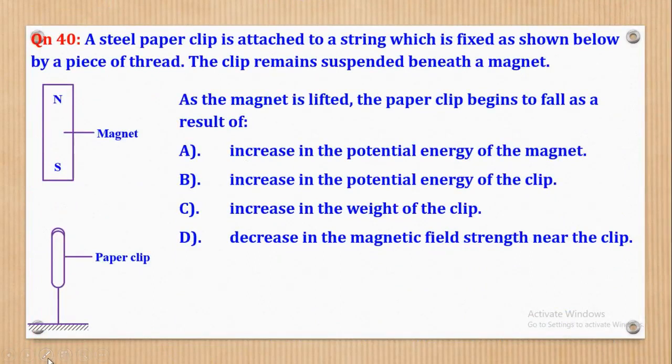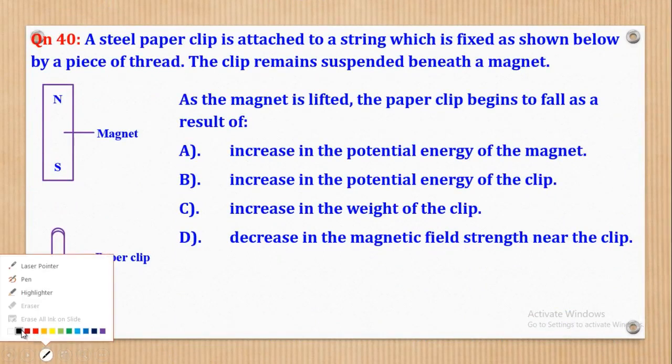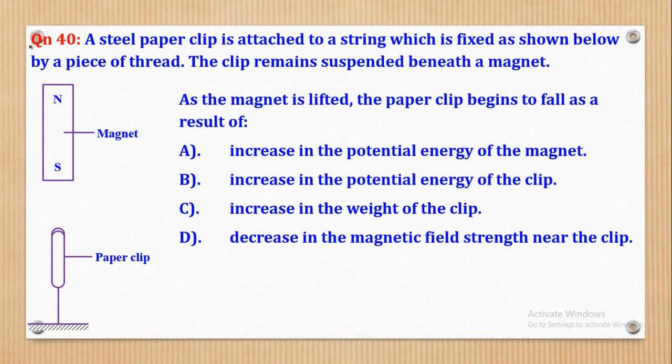So that was question 39. Now we shall go to question 40. A steel paper clip is attached to a string which is fixed as shown below by a piece of thread. The clip remains suspended beneath a magnet.